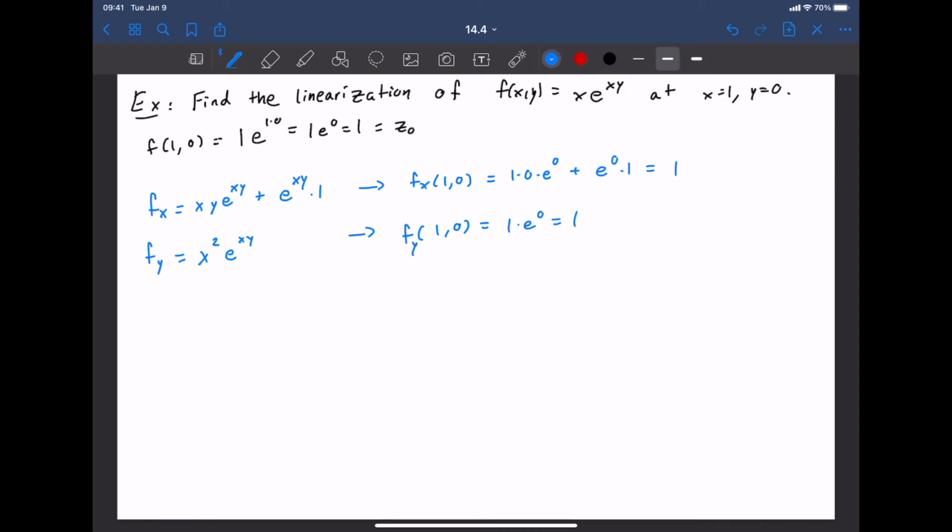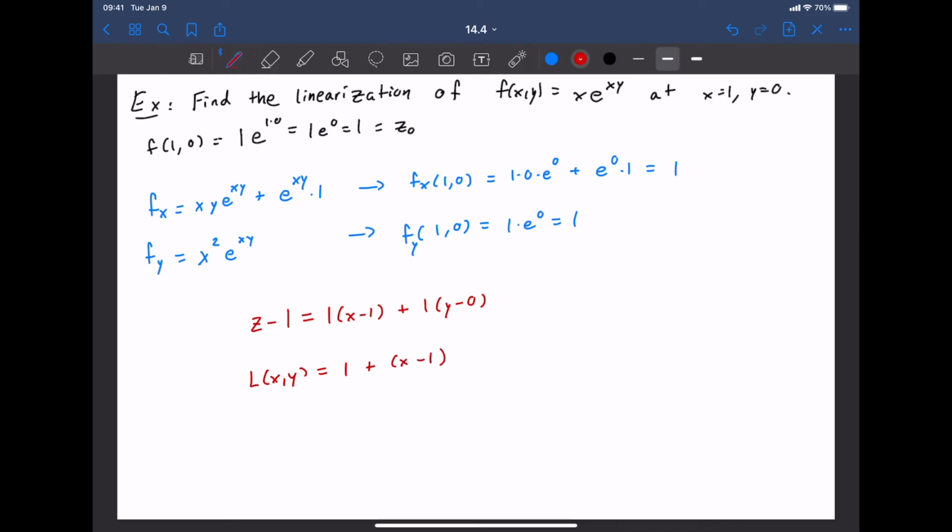So this is a very boring tangent line function, very boring linearization. You could just go to the linearization if that formula makes sense, but I always write the tangent plane first. z minus 1 equals 1 times x minus 1 plus 1 times y minus 0, which will mean the linearization is 1 plus, you don't have to write the times 1.